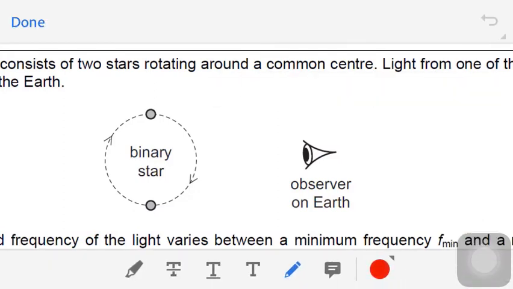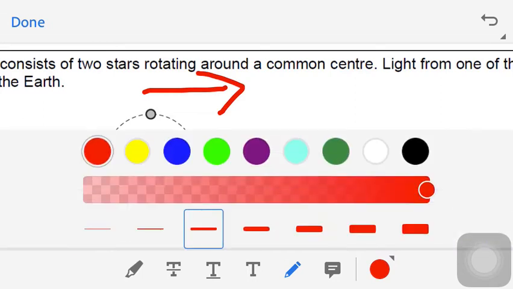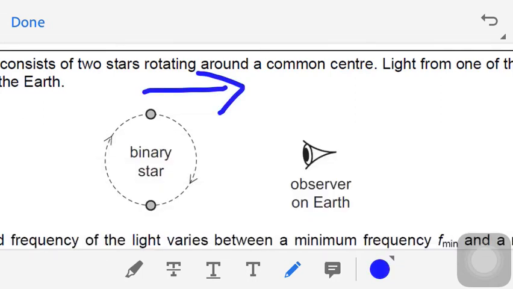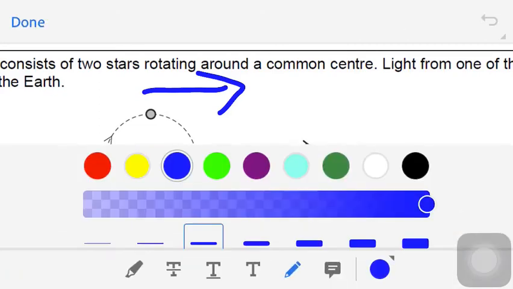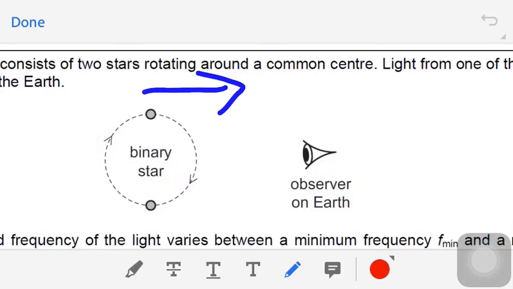And when it is moving away from the observer, the frequency decreases.